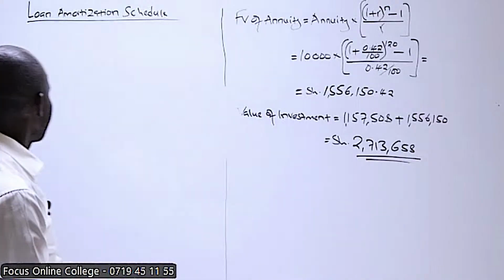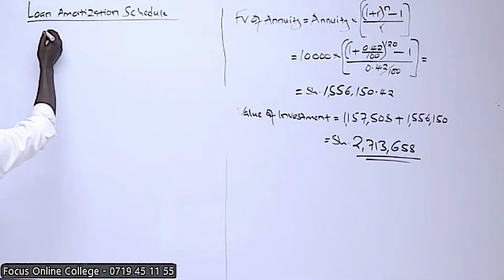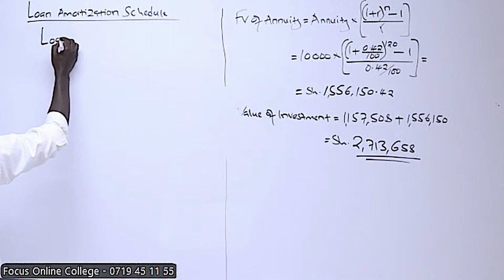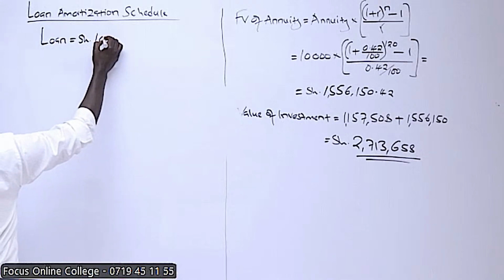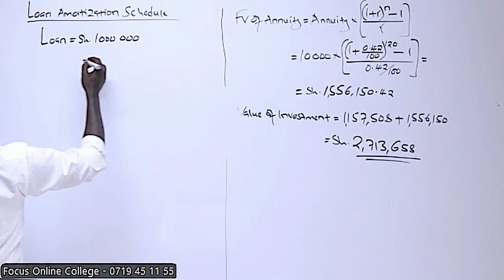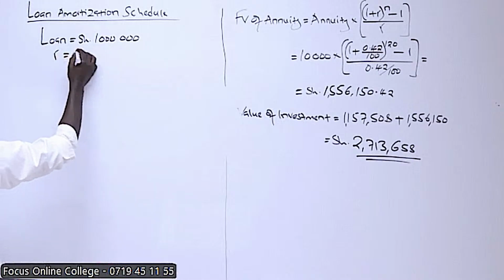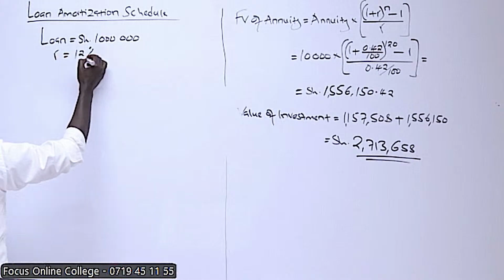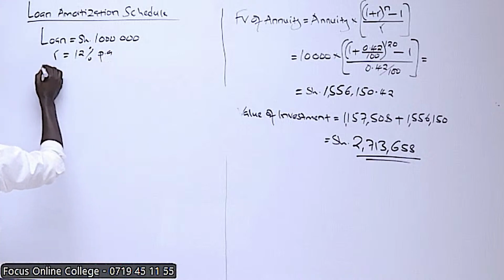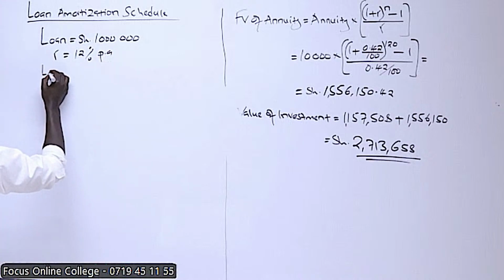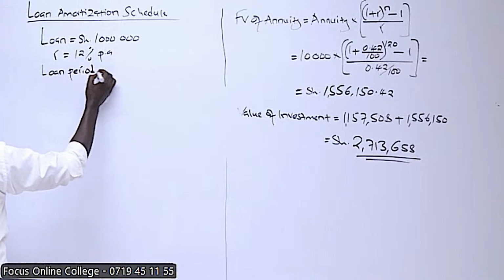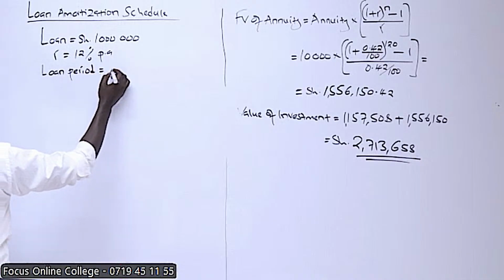Now, for example, let's say you acquire a loan of shillings 1 million at an interest rate of 12% per annum, and you're supposed to repay this loan over a period of 4 years.